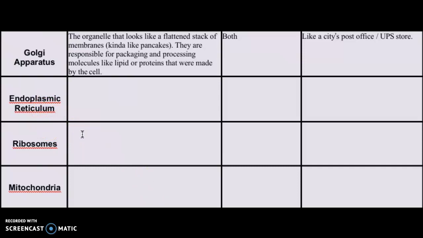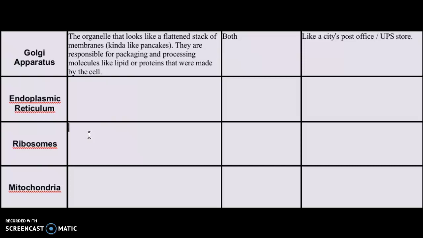But the main function of a ribosome is to produce proteins. And these proteins are then packaged and processed, like I already said, by the Golgi apparatus and sent throughout the cell. But ribosomes are the ones that produce those proteins. They're also the smallest organelles that are present in the cell.